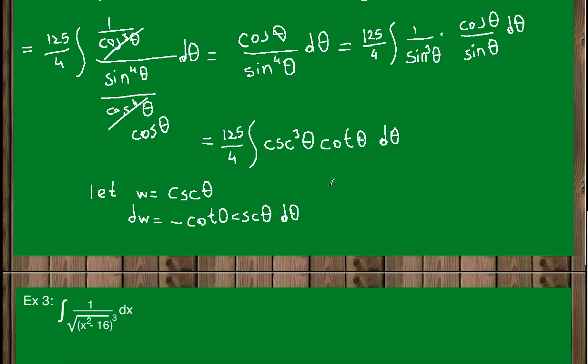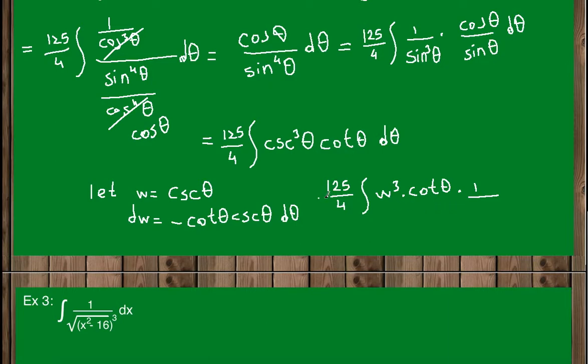Okay, so let's do the substitution here. So 125 over 4. So this is going to be w cubed times cotangent theta. And instead of d theta, we're going to write dw over negative cotangent theta cosecant theta.